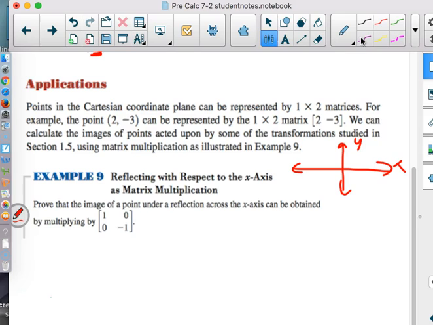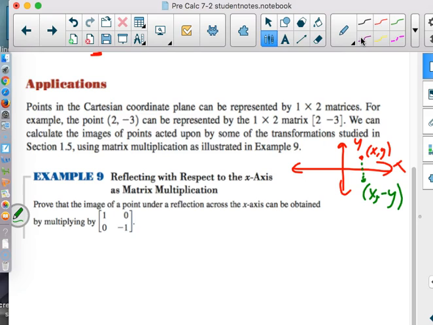I take some point (x, y) up here, and I reflect that across the x-axis. That's going to be equal but opposite down here. So it's still going to be x, but it's just going to be a negative y.